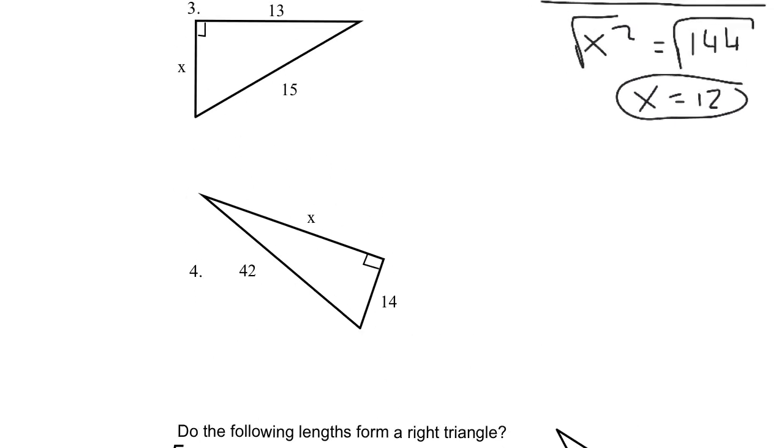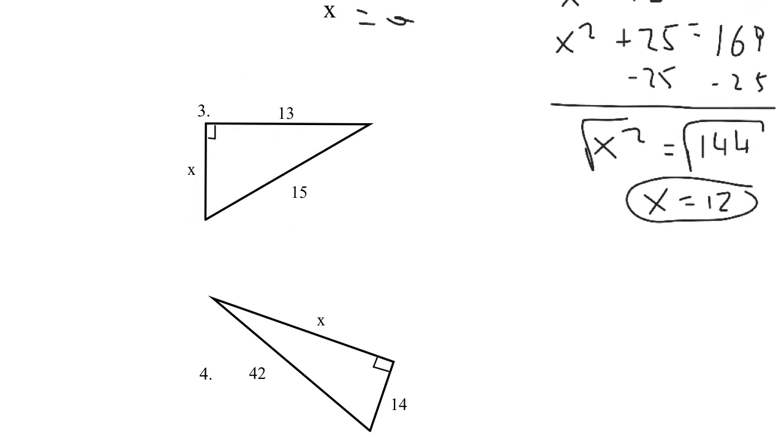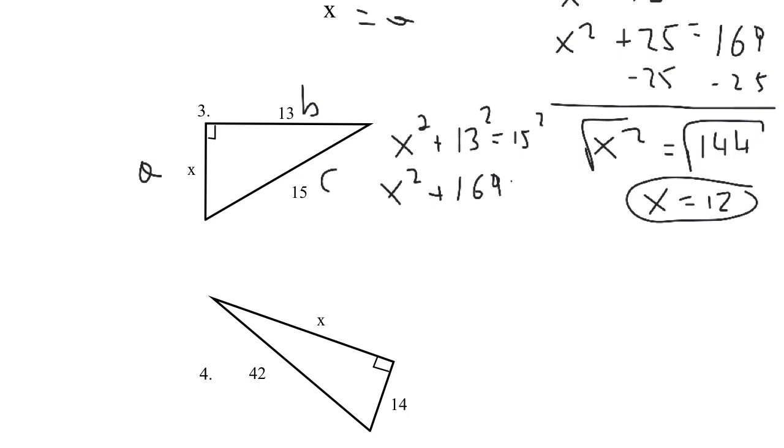Okay, two more examples. Example number 3. Right away I'm going to just use the Pythagorean theorem. So we get A, we get B, and we get C. You will do x squared plus 13 squared is equal to 15 squared. 13 times 13 is 169, and 15 times 15 is 225.